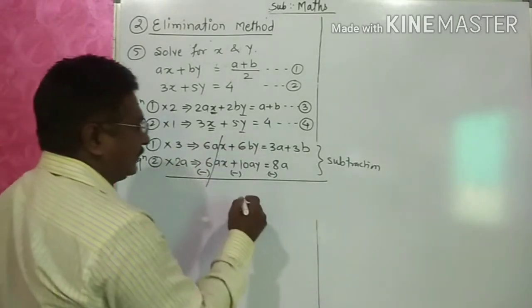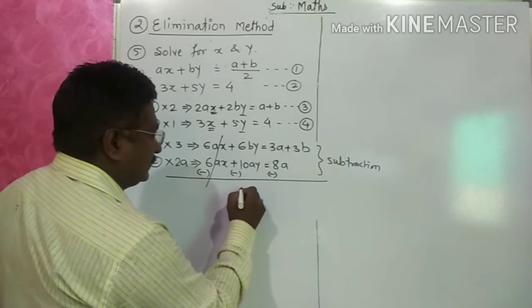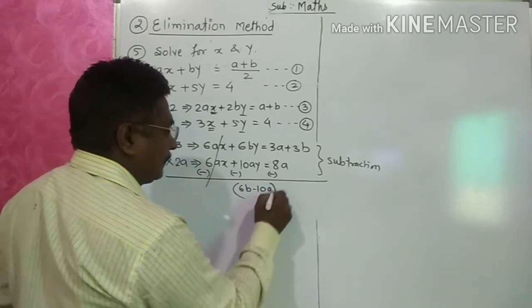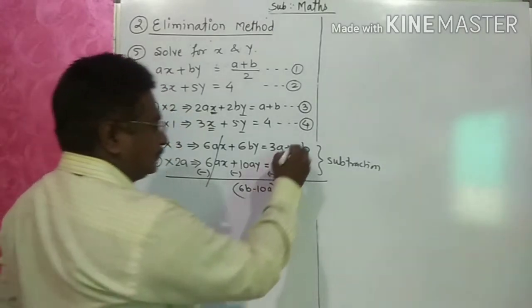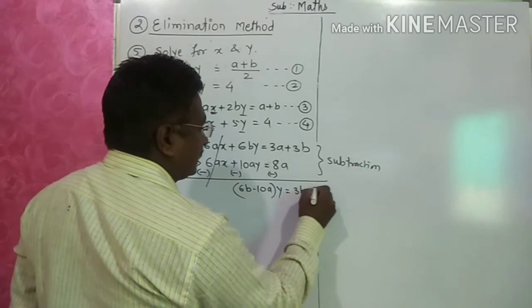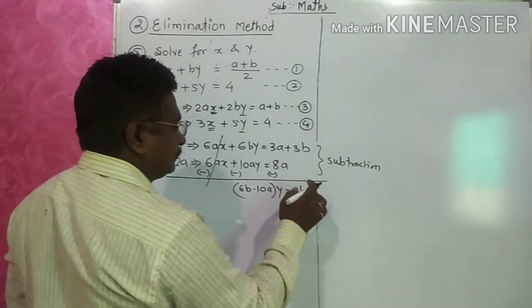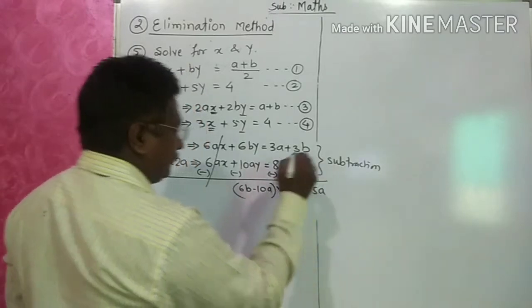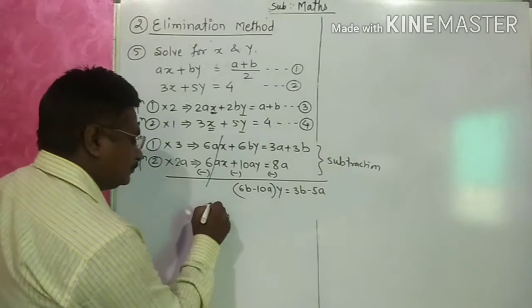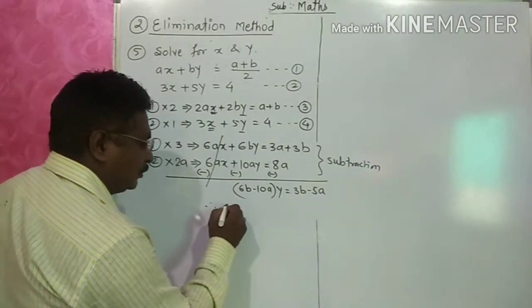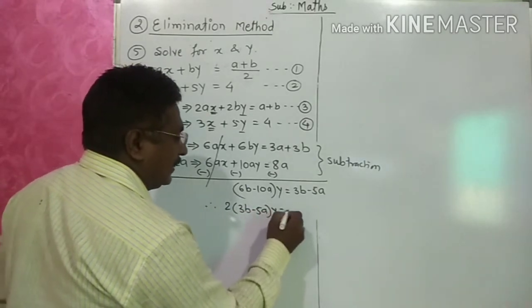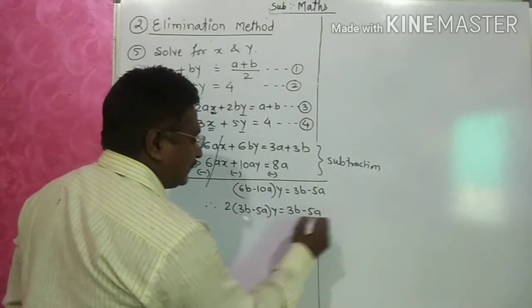So what do we get now? 6b minus 10a y equals 3b minus 5a. Okay students, what is common here? 2 is common. 2 into (3b minus 5a) y equals 3b minus 5a.